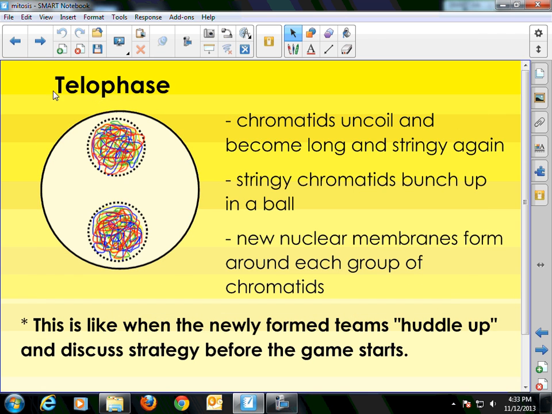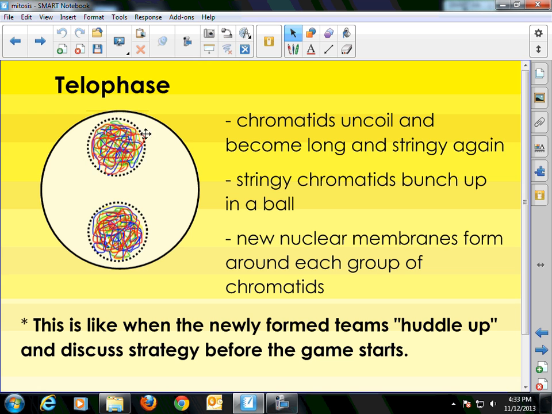Once they've gotten to the other end of the cell, we see they now have kind of bunched up again. They've uncoiled, unsupercoiled, and gotten long and stringy again, and they've kind of intertangled just like at the beginning of the interphase. I liken it to the teams huddling up to discuss their strategy before the game starts. And around their huddle, we're going to build one of these new wrappers, a new nuclear membrane.